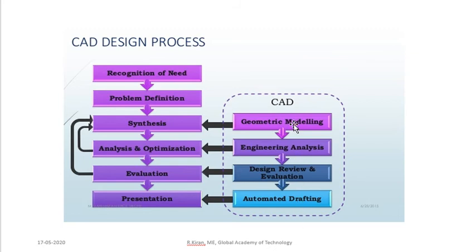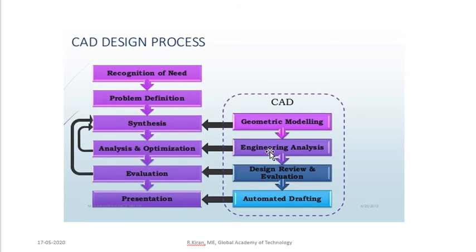Geometric modeling is connected to the synthesis phase, which deals with the creation of the geometry of the component. Engineering analysis is connected to analysis and optimization, where we perform different types of analysis: structural analysis, thermal analysis, electromagnetic field analysis, or computational fluid analysis.